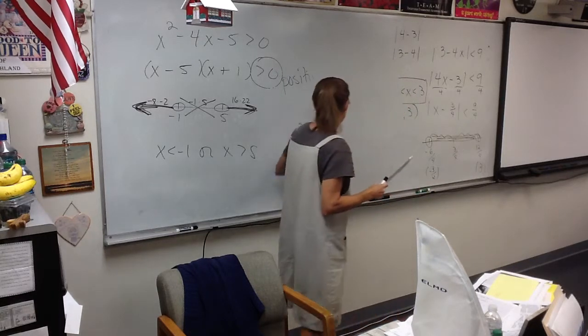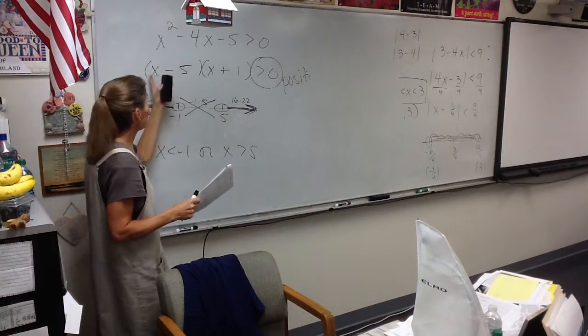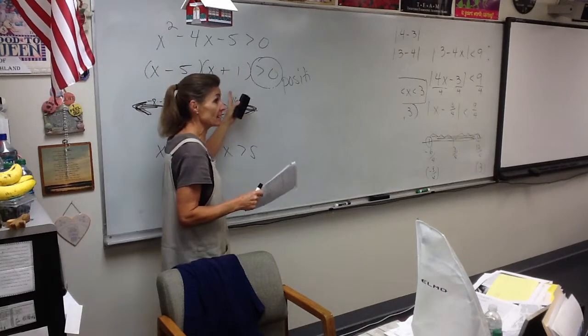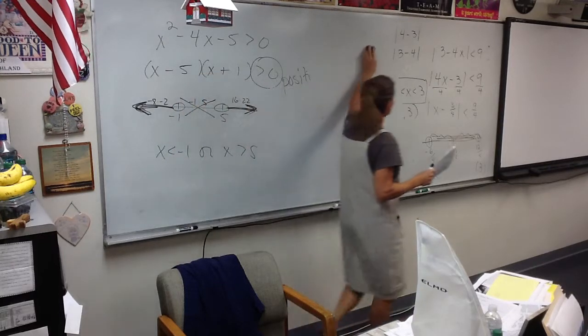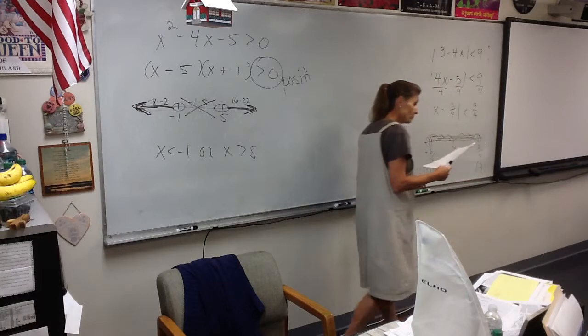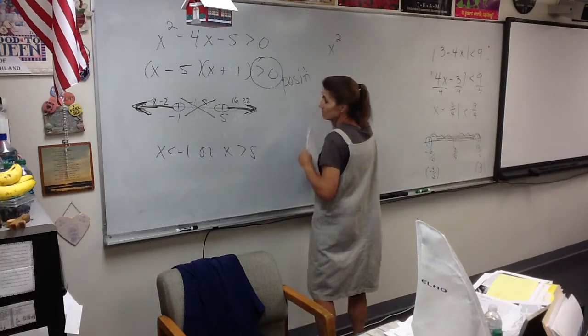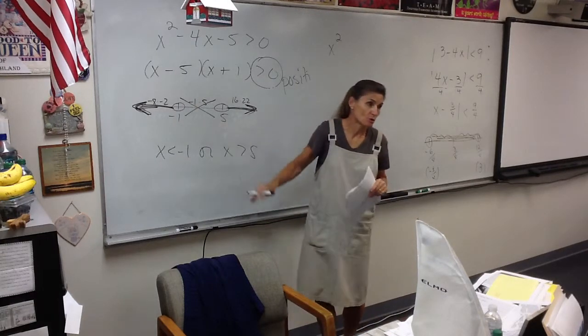Because if you put in a number less than -1, it will make this parentheses negative, and it will make this parentheses negative. So when you multiply the 2 parentheses together, you will come out with a positive result. Can you still just write -1 to 5 instead of that? No, you have to write it the long way, because that only works if you're talking about in between the 2 numbers.